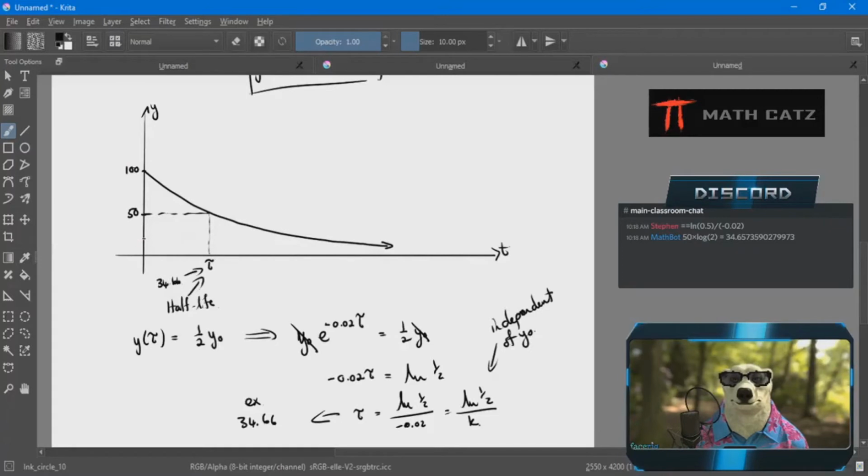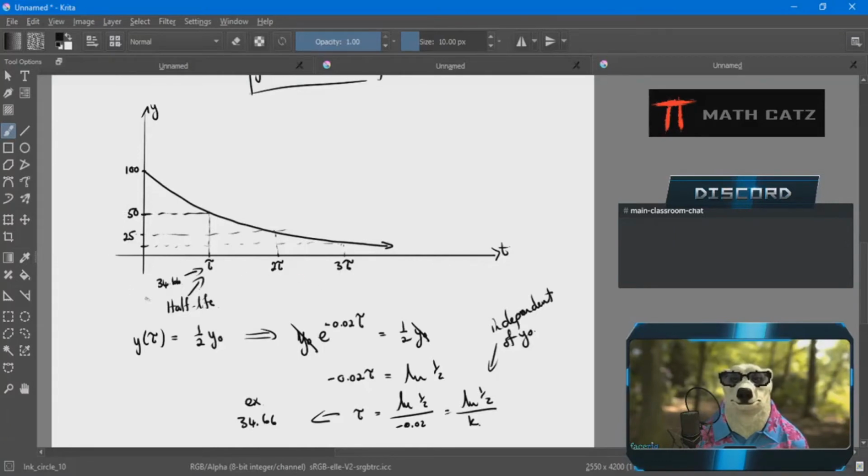What's interesting about radioactive decay and this exponential curve is that if I have 50 and I want to go down to half of that, it'll take exactly the same half-life time window. And if I want to go down and halve that, it will take exactly the same half-life window.